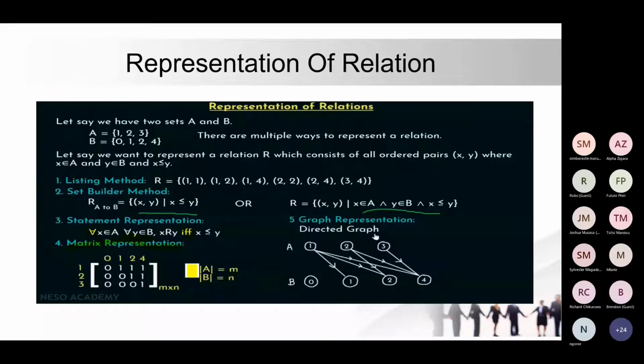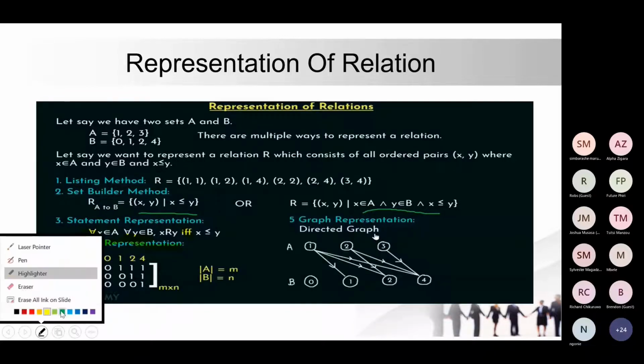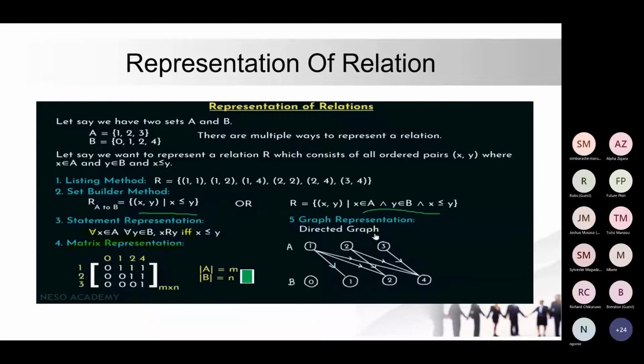Let us suppose the cardinality of A is m and the cardinality of B is n, according to the picture I've sent. So we have m elements in set A and n elements in set B. Then we can create a matrix of size m times n, with m rows and n columns.